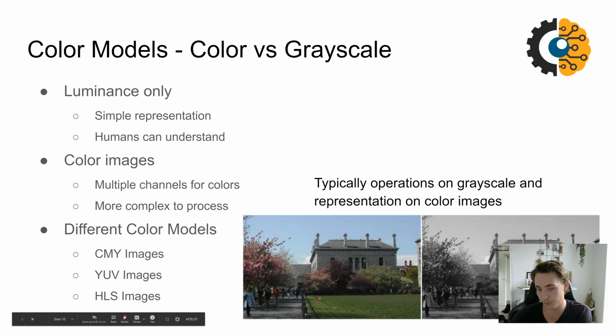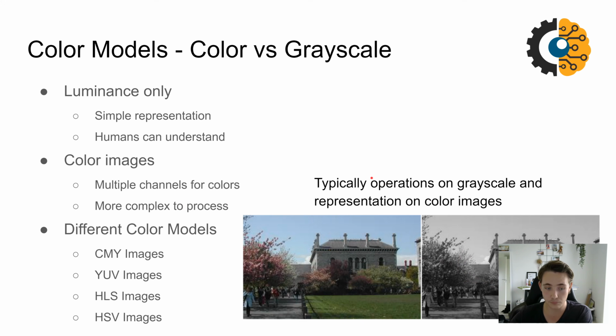As we can see down here, there are some people, some trees, a building, and we can still see it in the grayscale. So it will just be a more complex process to do our operations and calculations on the color image compared to the grayscale one.